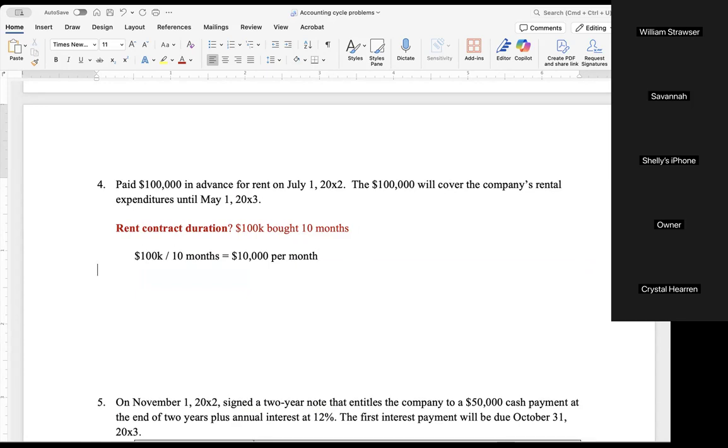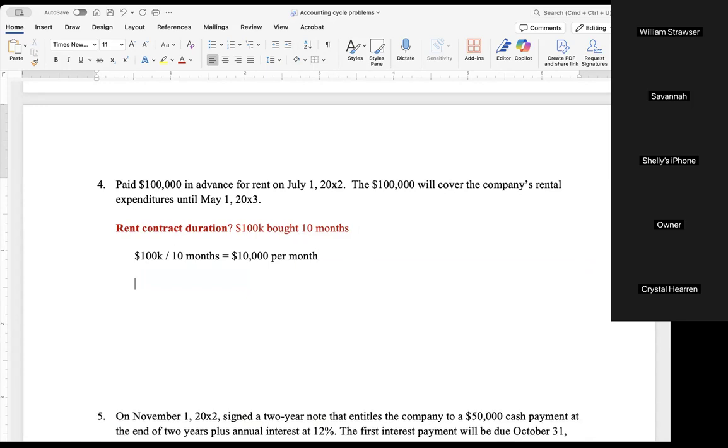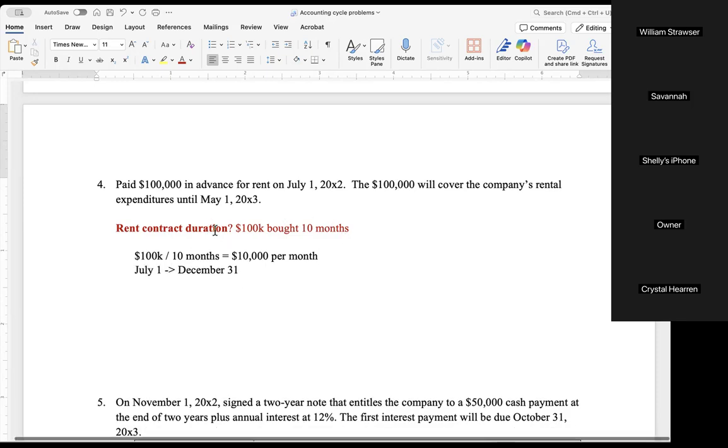Now, what is the accounting period that I want to make the adjustment for? From what date to what date? From July to December. Exactly. Good. You might ask how you get the December date.